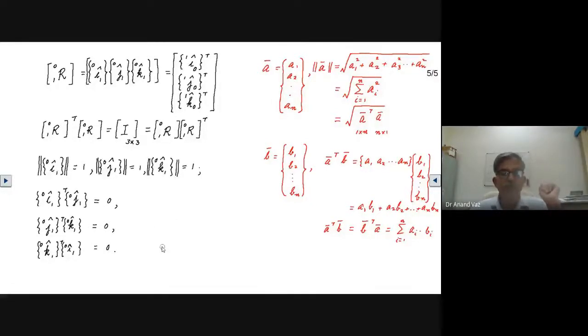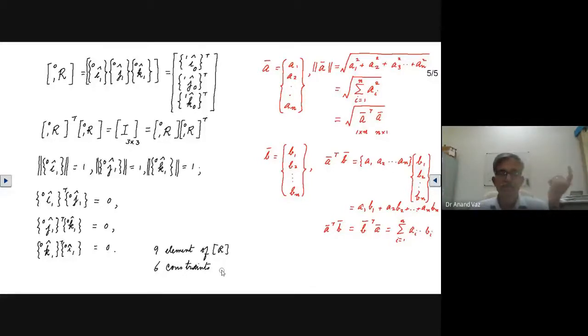So here we have 9 elements of the R matrix, and we have 6 constraints, 3 related to length and 3 related to their mutual orthogonality.